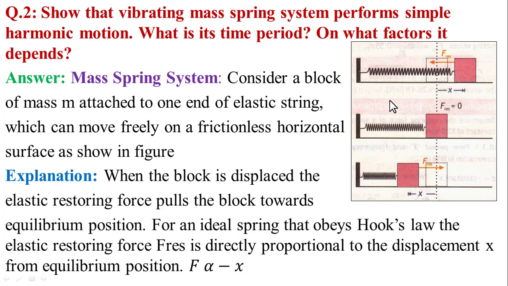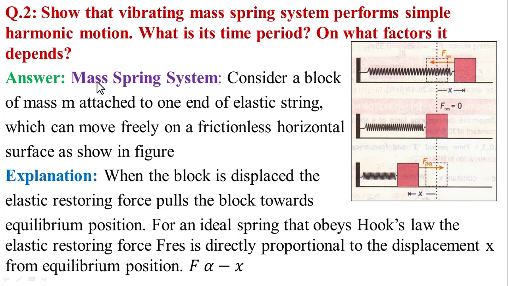In this diagram, we can see a body in a mass spring system. The body moves from its mean position O to the maximum position toward the right side and the left side. This happens due to the restoring force.